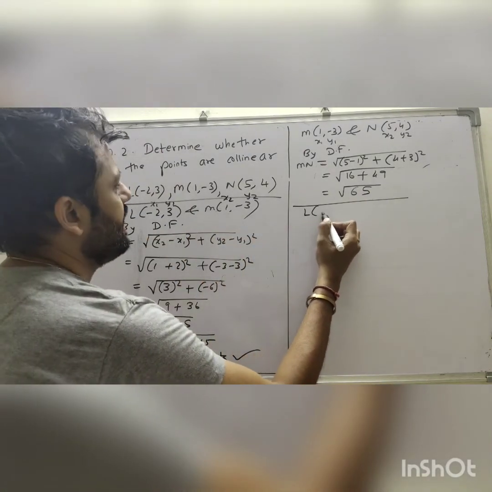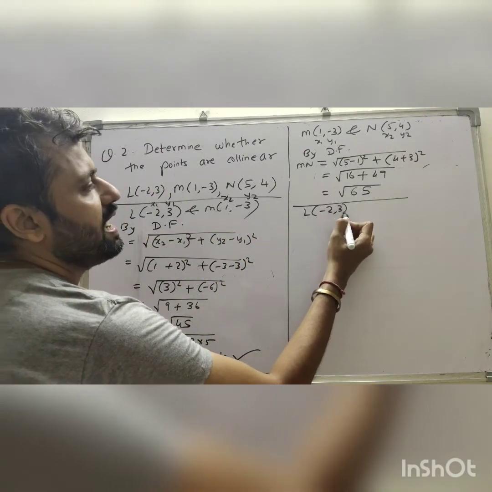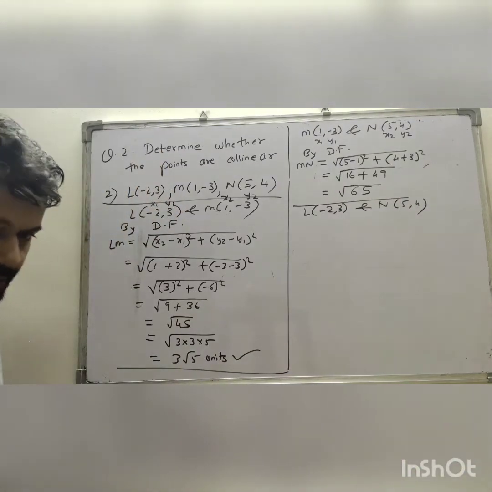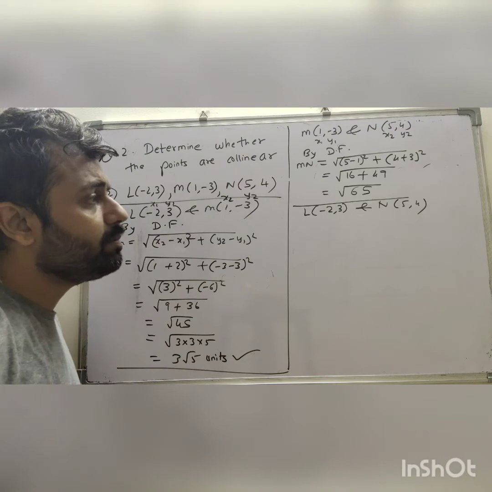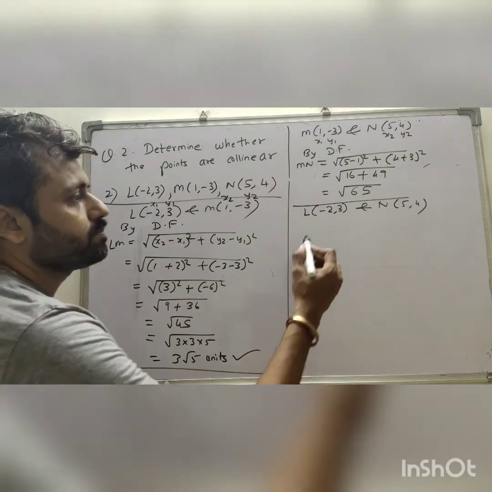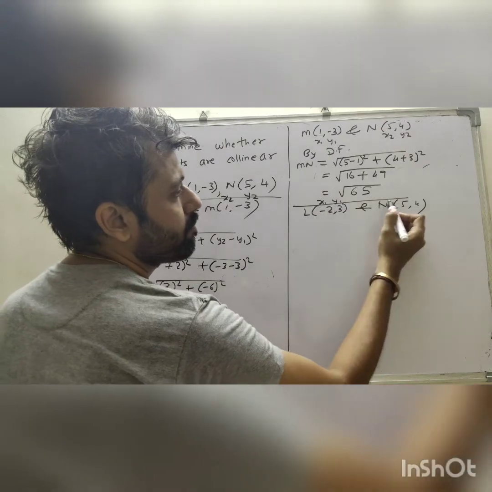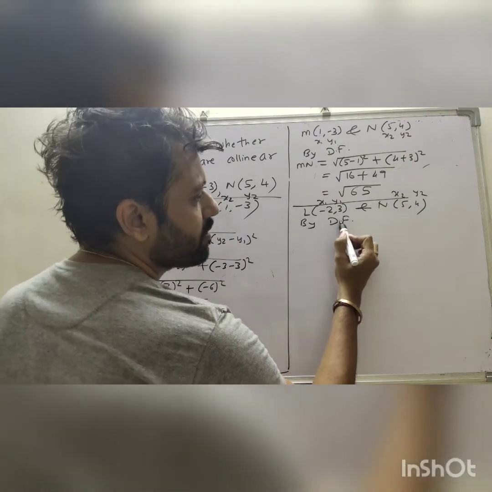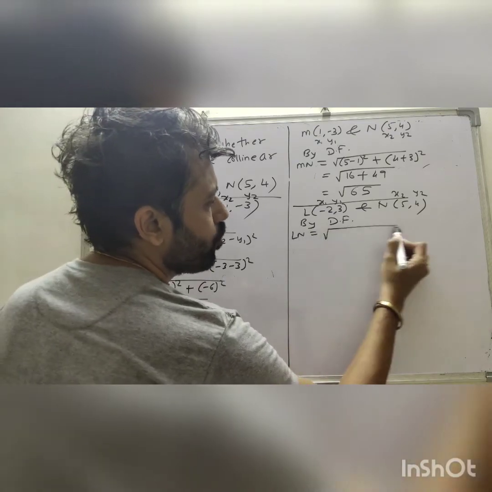Step by step, L is minus 2, 3 and you get N 5, 4. Well, you can mention x1, y1 and x2, y2. By distance formula, you get LN is equal to whole root of.